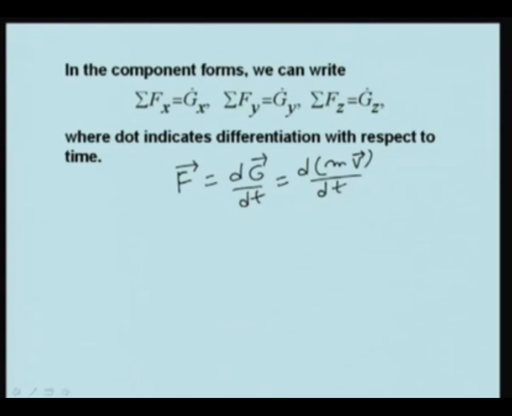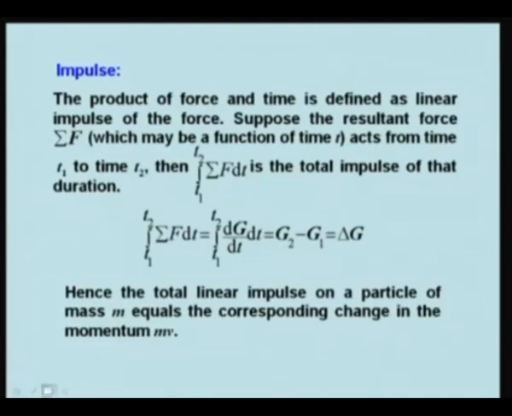If you have a situation in which mass is changing, like in a fluid mechanics problem in a control volume, and velocity remains the same, then you can have dm by dt into v, which is m dot v. But in this course mainly we will be discussing rigid body behavior.